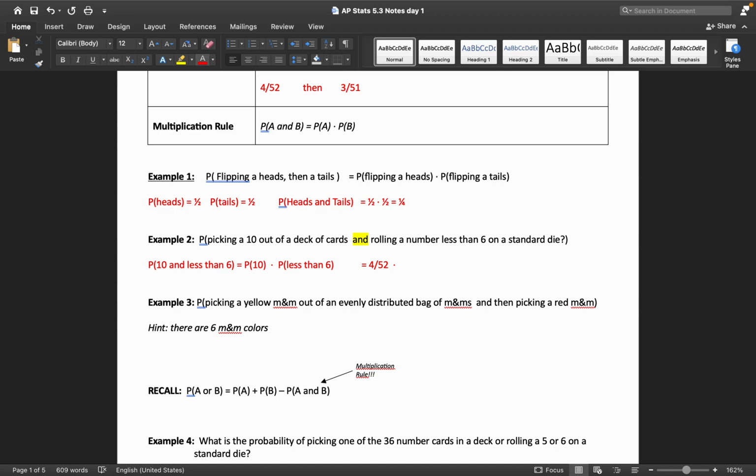The probability of rolling less than 6 would be 5 out of 6. So this would be 20 out of 312. And of course we could simplify that, or we could take our calculators and take 20 divided by 312 and get approximately 6.4%.